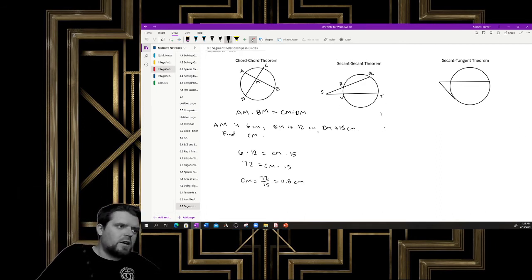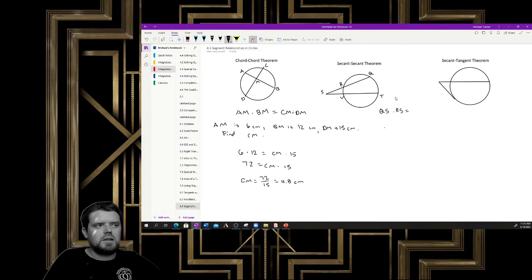Here it's going to be the product of the entire line segment, in this case QS, times the segment on the outside, RS. That product is equal to the corresponding pieces of the other secant. So the whole secant, TS, times the part on the outside, VS.